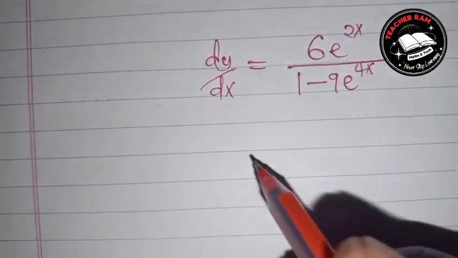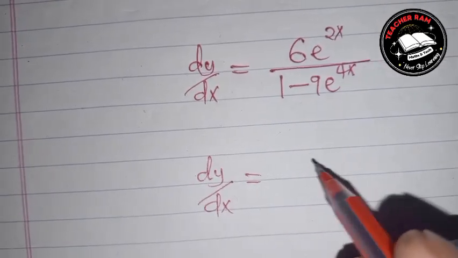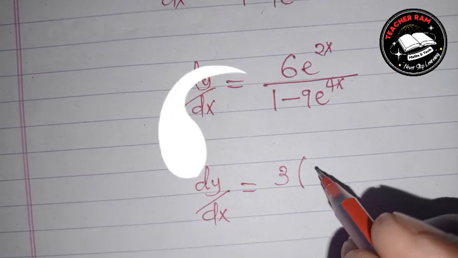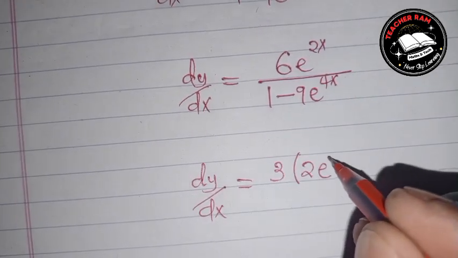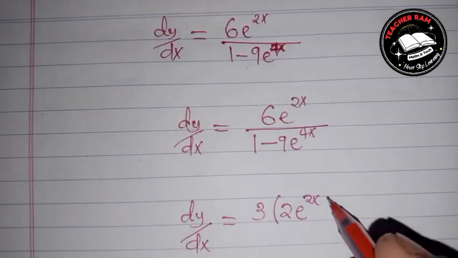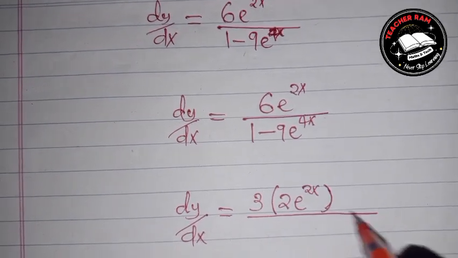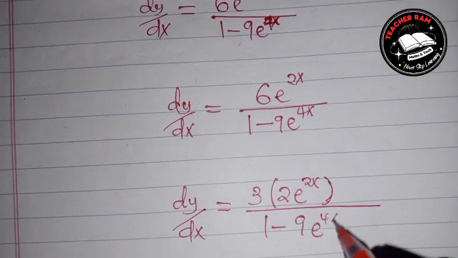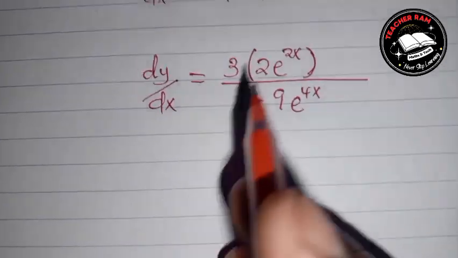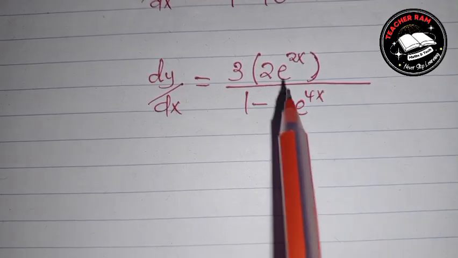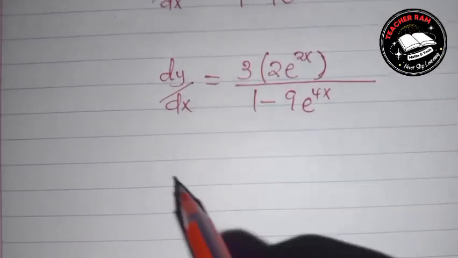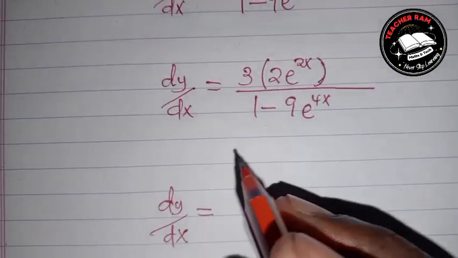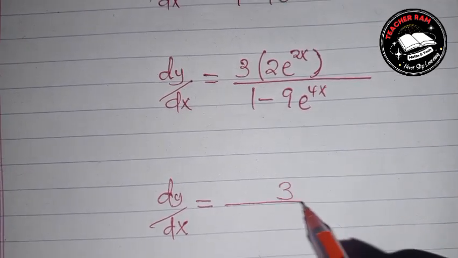In simplified form, dy dx is equal to 3 multiplied by, inside, 2e power 2x divided by 1 minus 9e power 4x. After that, let us divide by 2e power 2x on both the numerator and the denominator. So dividing, dy dx equals, on the numerator, we remain with 3.